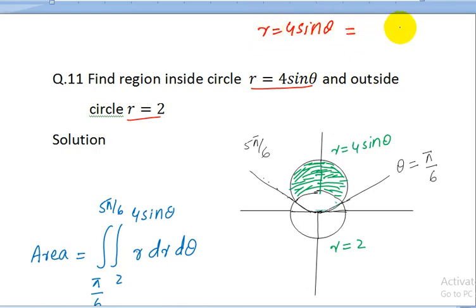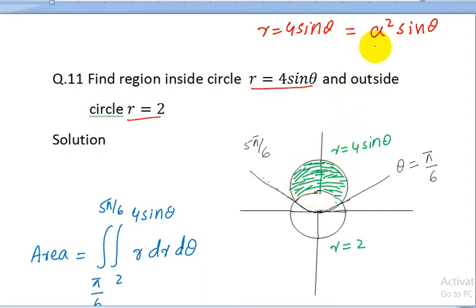This is a polar equation of the form r equals a sine theta, which represents a circle passing through the origin and having its axis on the y-axis.